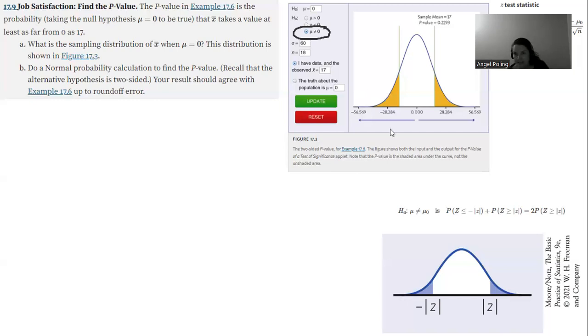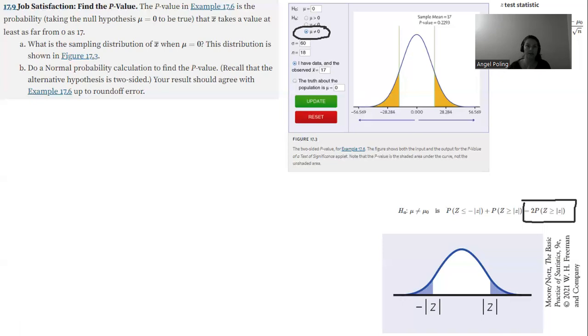So we have to consider both ends. And there was a typo in the slides, and I told you I would tell you about it. And so here's the corrected version from your actual ebook.